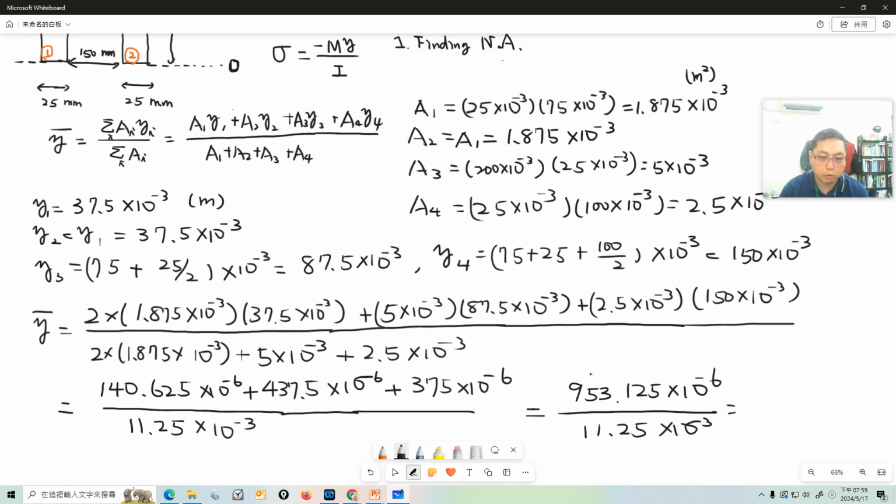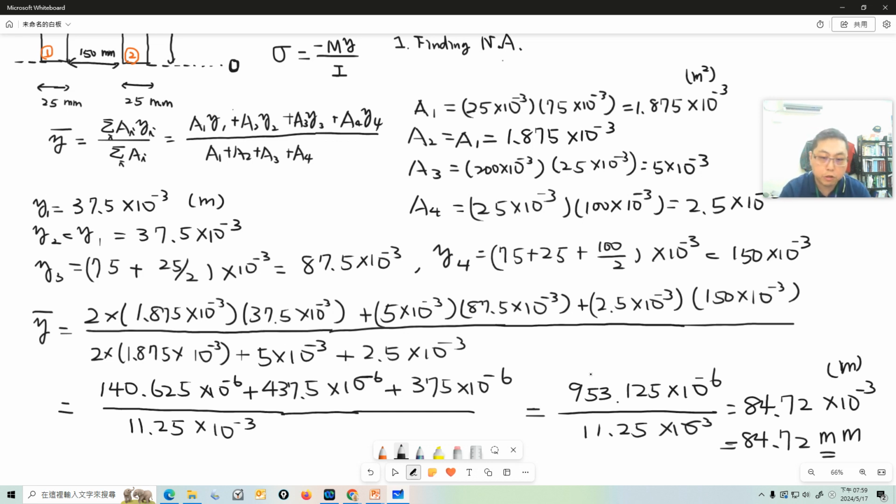So what's your answer? 84.72 times 10 to the power minus 3 m, which is equal to 84.72 mm. Don't forget a small m is 10 to the power minus 3.